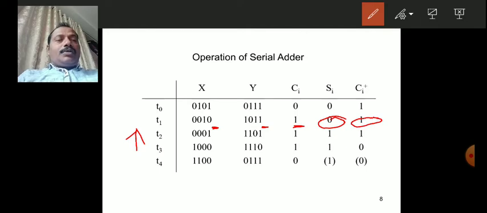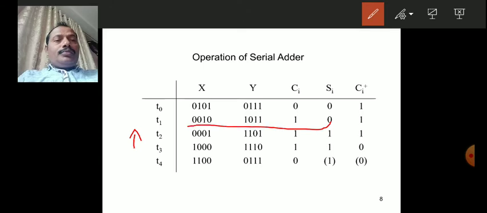So once the new clock pulse comes here, the sum bit is shifted to here, and this carry bit is shifted to here, that means to the input of the full adder.